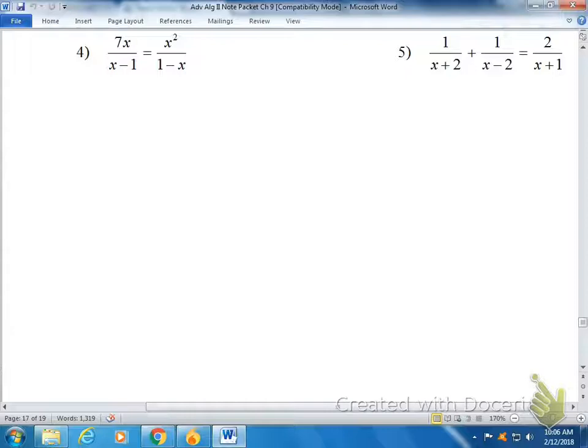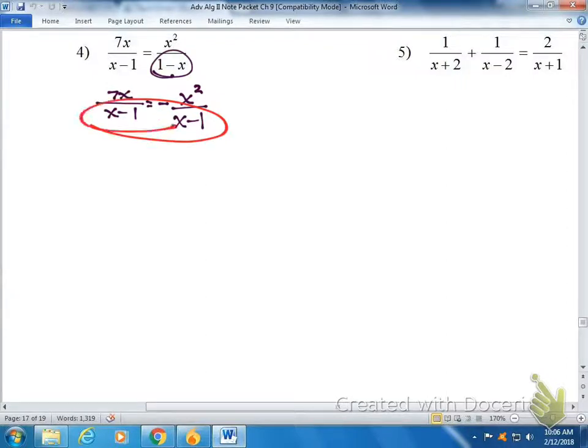So what we're going to do is adjust the second fraction, because it looks like this one, just the opposite. So here's how I'm going to adjust the problem. I'm going to have it negative x squared, and instead of 1 minus x, it's now x minus 1. Now this is like strategy 1. You have the same denominator, so we're going to zoom in on the numerators.